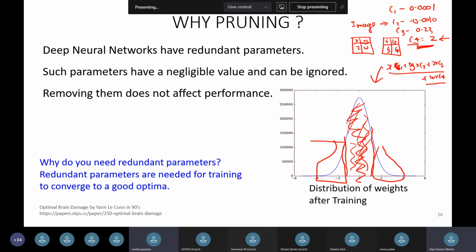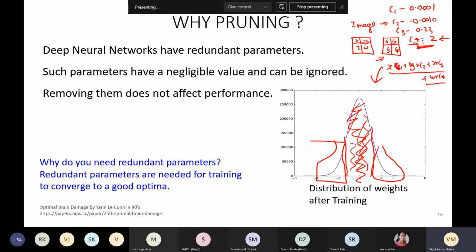Great. So I was talking about the need for pruning. Once we have an image and these kernels with values C1, C2, C3, C4, we do the convolution, multiplying and adding.